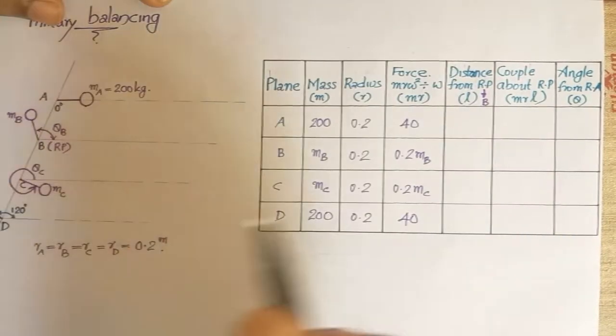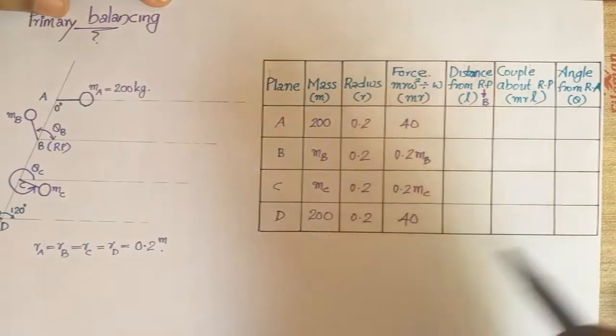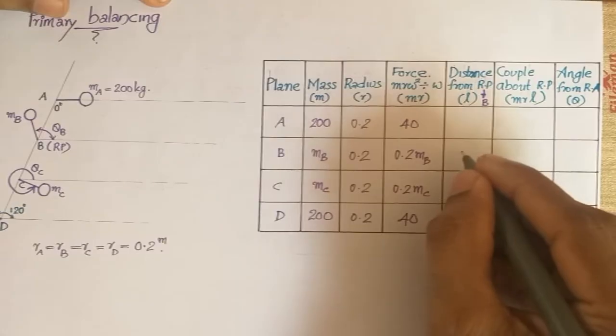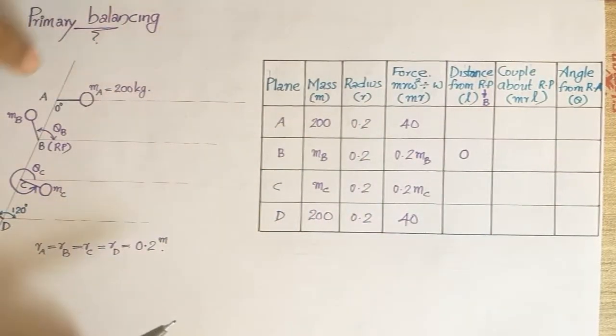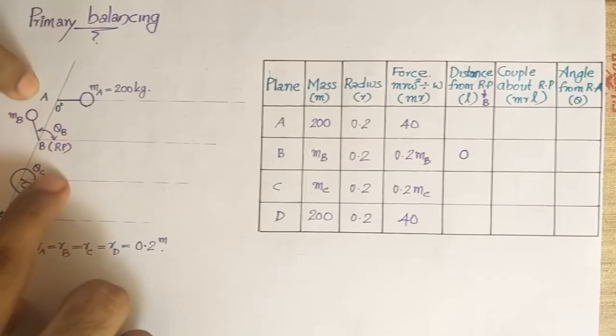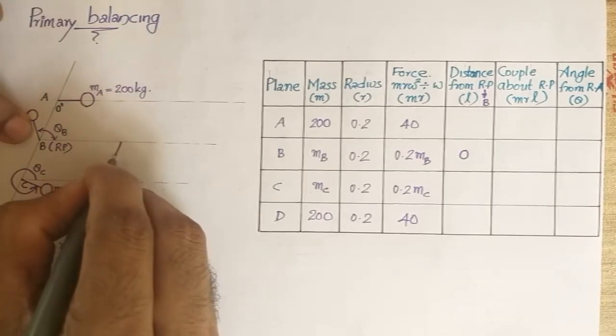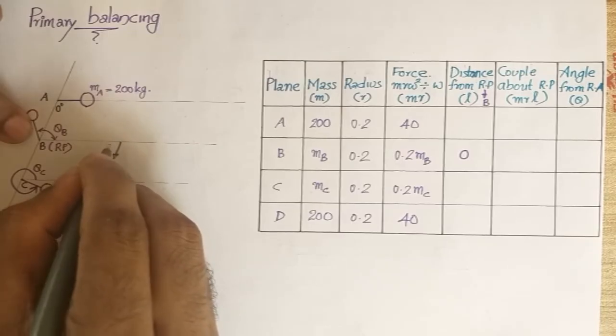Next you have to measure the distances from the reference plane to the other planes. Since B is taken as the reference plane, the distance for this row will be 0, and A is coming on one side, while the masses C and D are coming on the other side. So we take distances with signs. All distances in this direction will be taken as positive.